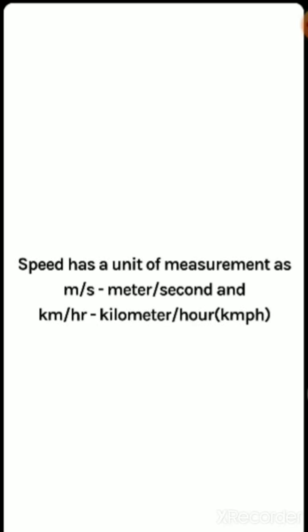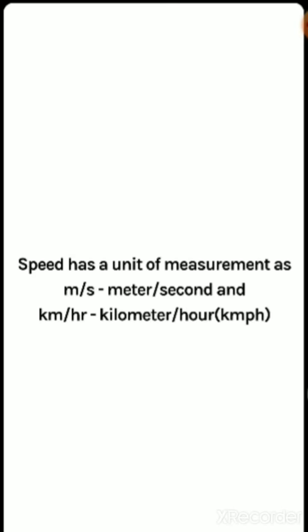Like length has a unit, or distance has some unit like meter, centimeter, kilometer, exactly like that, speed also has a unit of measurement, that is meter per second. Because you know what the unit of distance is: meter only, the SI unit.